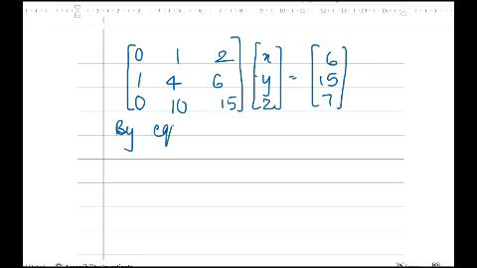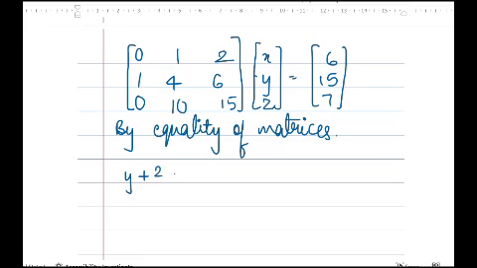By equality of matrices, what do you get? You get y plus 2z is equal to 6. And then you get 10y plus 15z is equal to 7.